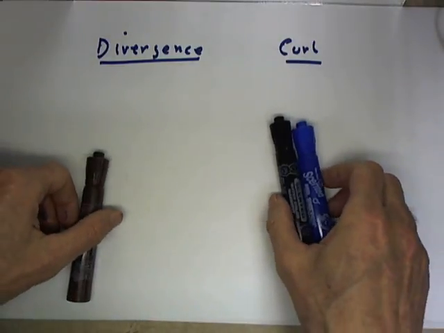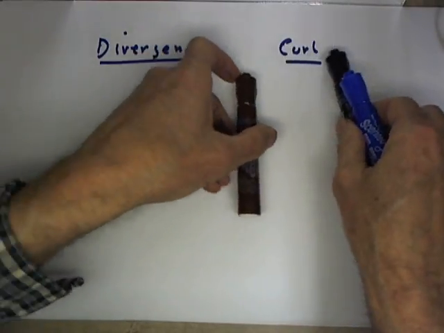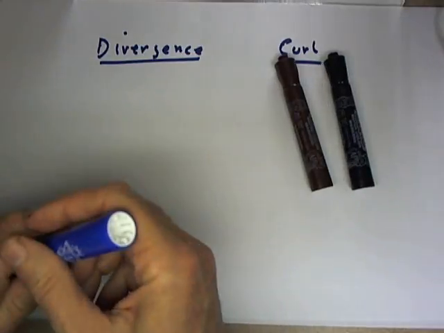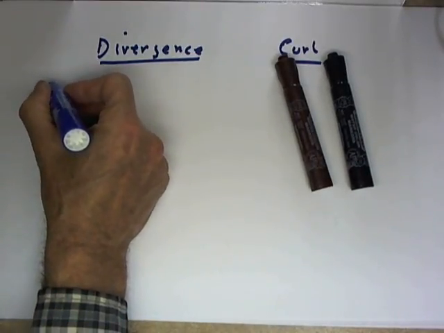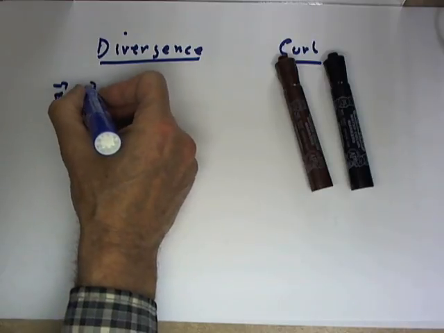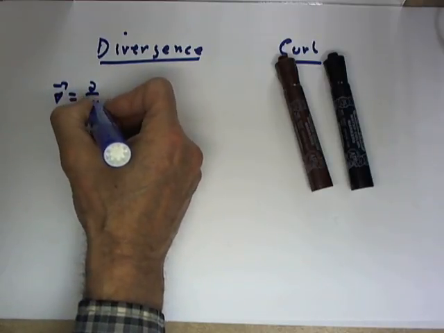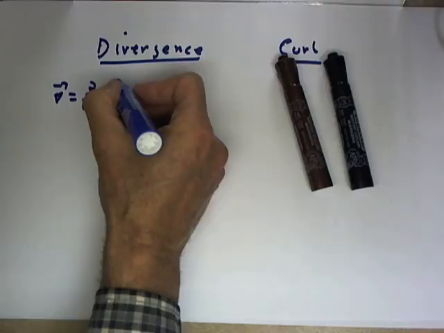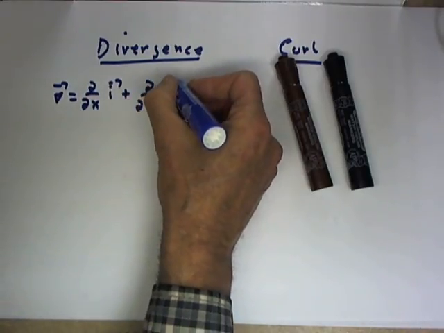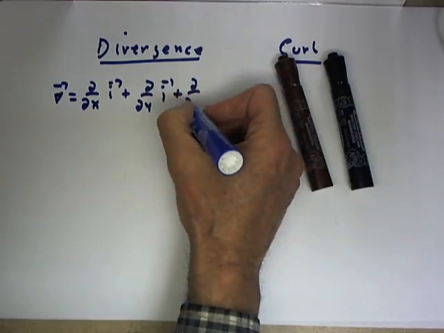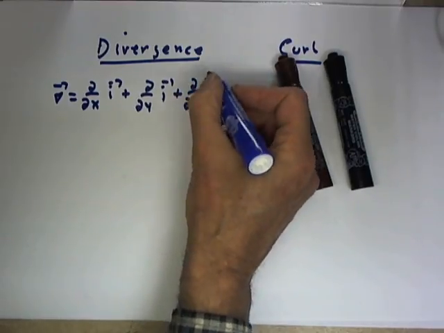Now, from your study that involves the gradient, we're used to the del vector, or the del operator. The del operator is the partial with respect to x times i plus partial with respect to y times j plus the partial with respect to z times k.